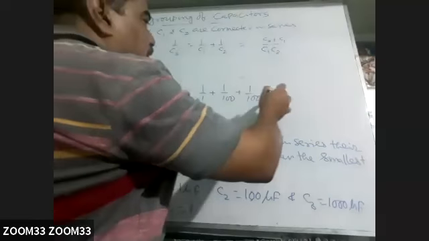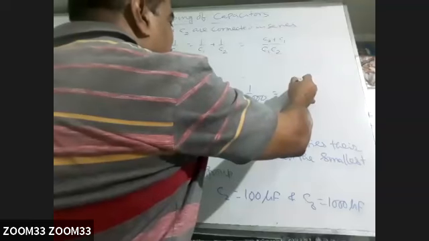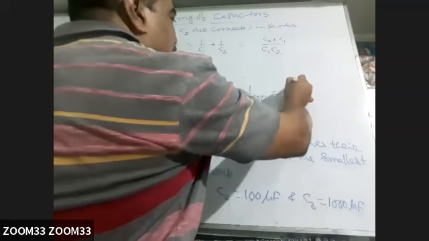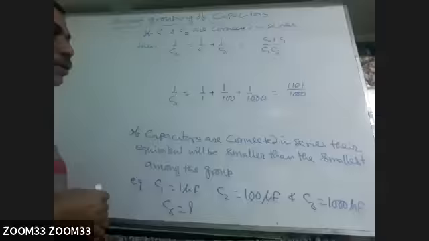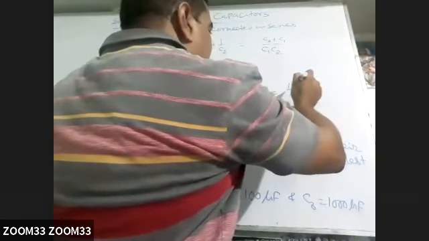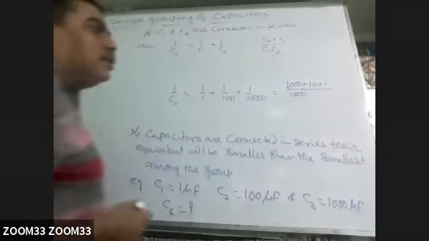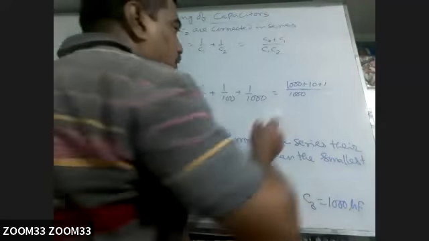So it is how much? 1000 plus 10 plus 1, that is 1011. Okay.